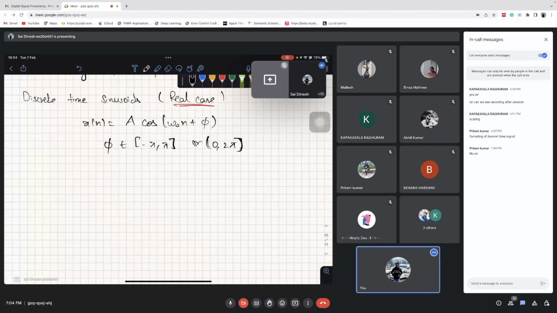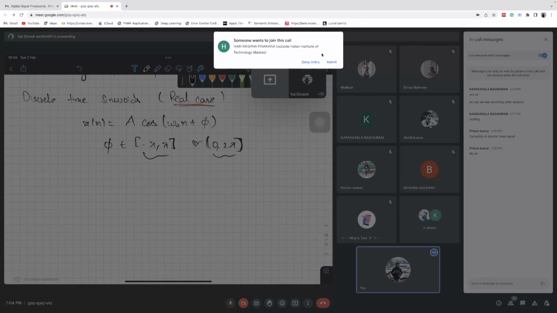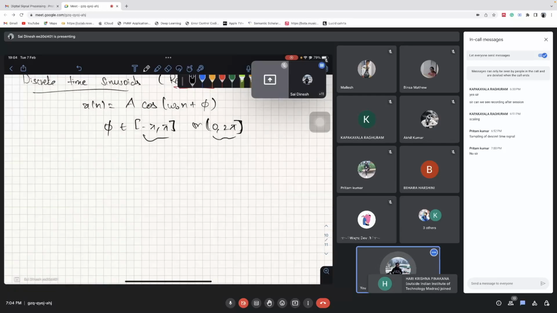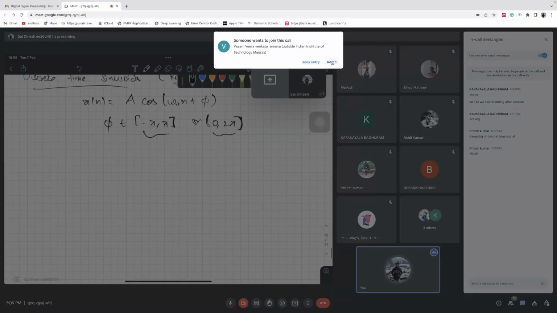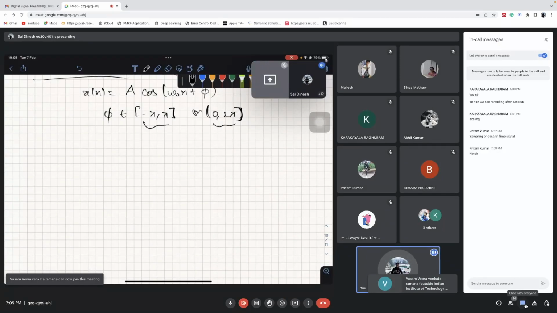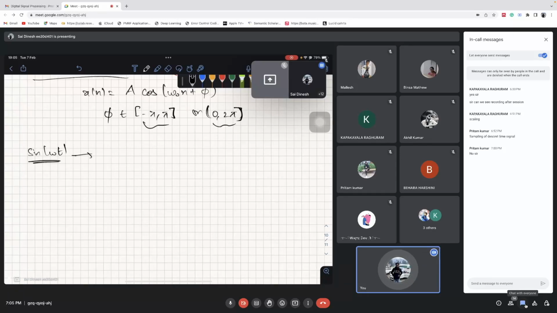So before going to this, let's say we have a continuous time signal, like sine omega t. This is a continuous time sinusoid with frequency omega.